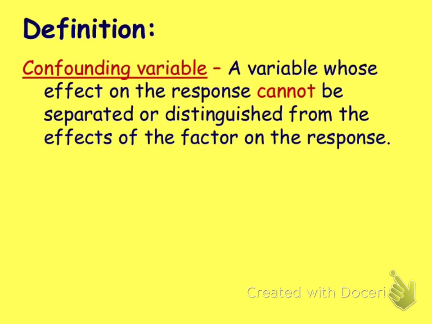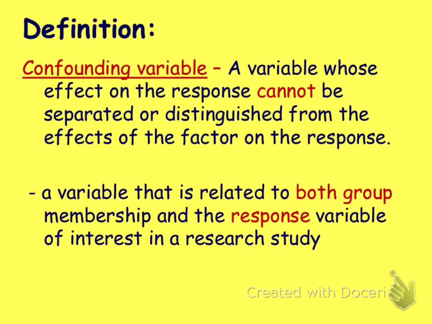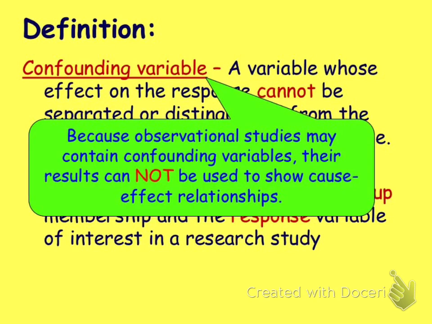So it's any variable that could potentially affect, you don't want to ignore them. So a variable that is related to both group membership and the response variable of interest in a research study.